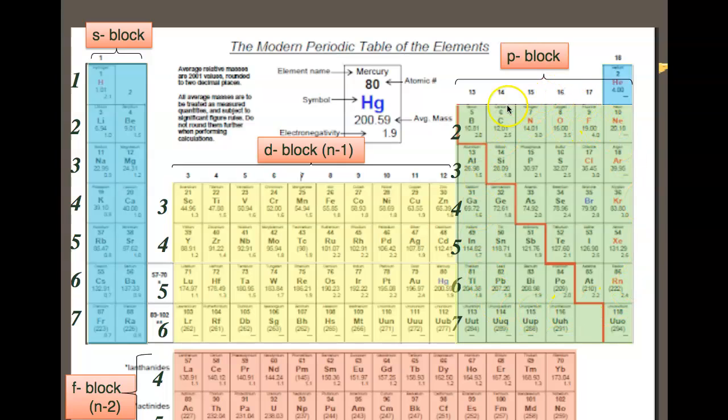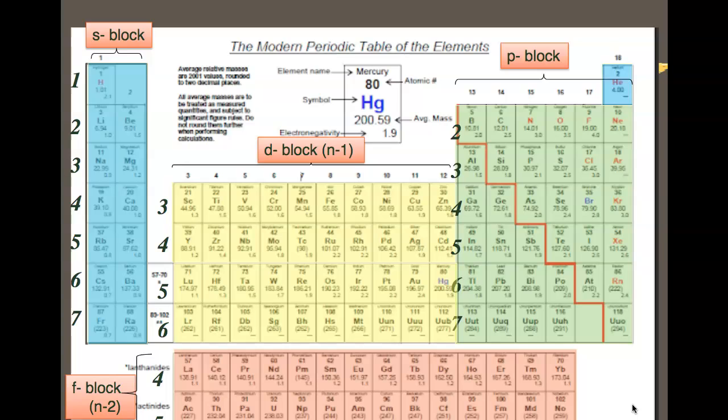Elements in the P block form those dumbbell shapes. The D block tend to form double dumbbell shapes. And the F block forms some really fascinating, sometimes donut-shaped patterns. They're very cool. But all of these different elements form different shapes, and so they were organized into different blocks to help categorize the shapes that they tend to create.